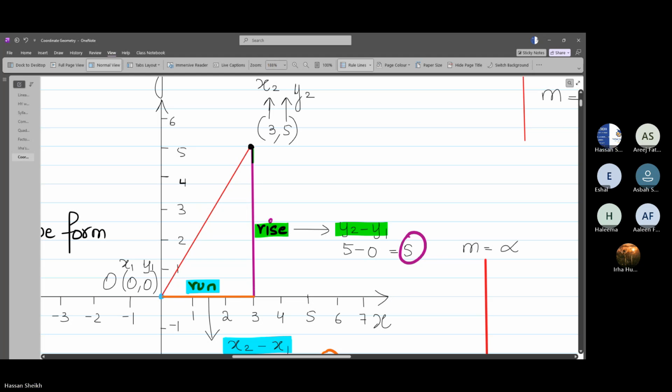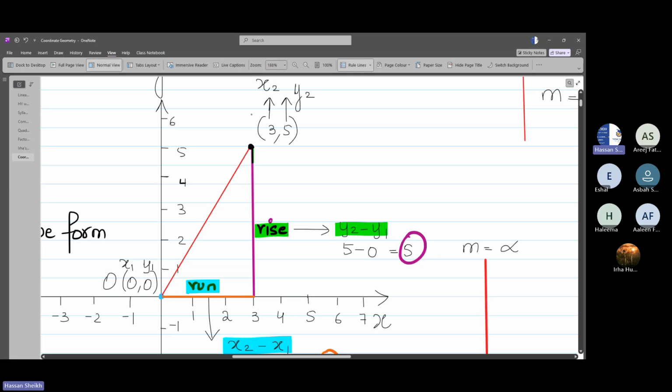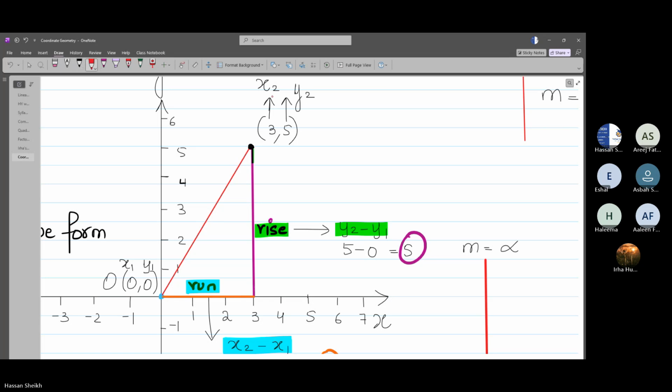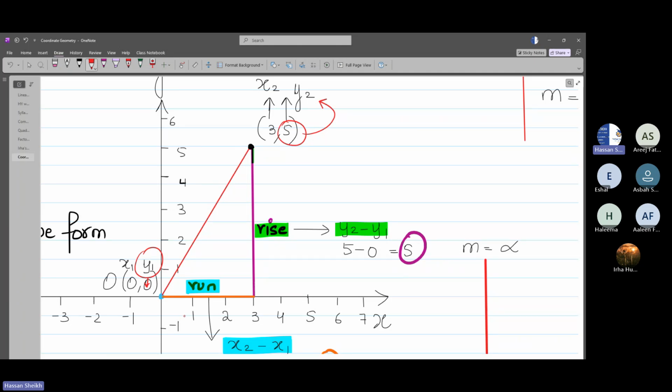And how do we get this rise? Simply, we subtract 5 minus 0. We took 5 as y2 and y1 is 0. So y2 minus y1 gives 5 minus 0, the rise.